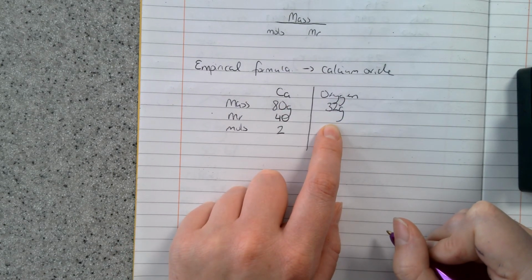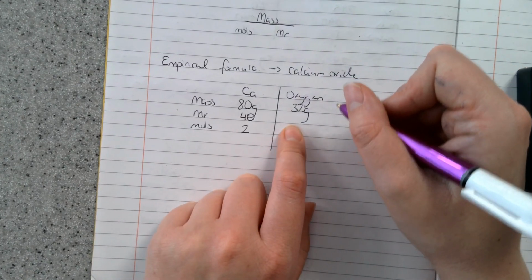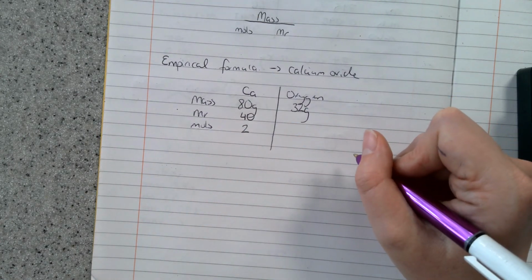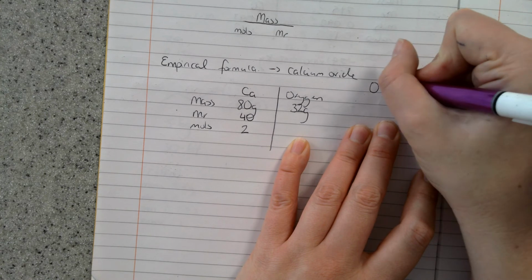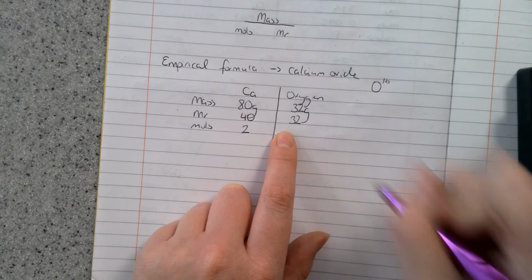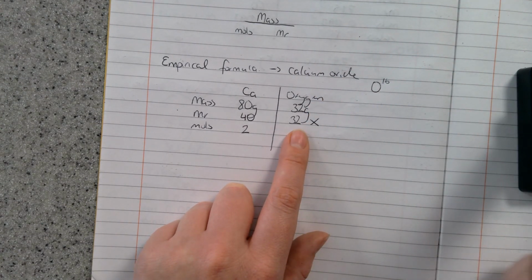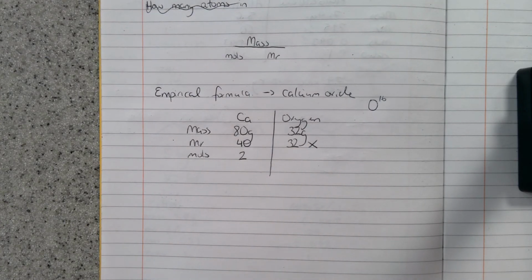Then you get to the formula mass of oxygen, and a number of you think to yourself, oh, I know, oxygen is diatomic, therefore the formula of oxygen is O2. Then you take the mass number of oxygen, which is 16, and you times it by 2, and write in that the formula mass of oxygen is 32. That is incorrect. Oxygen is diatomic when it is an element.